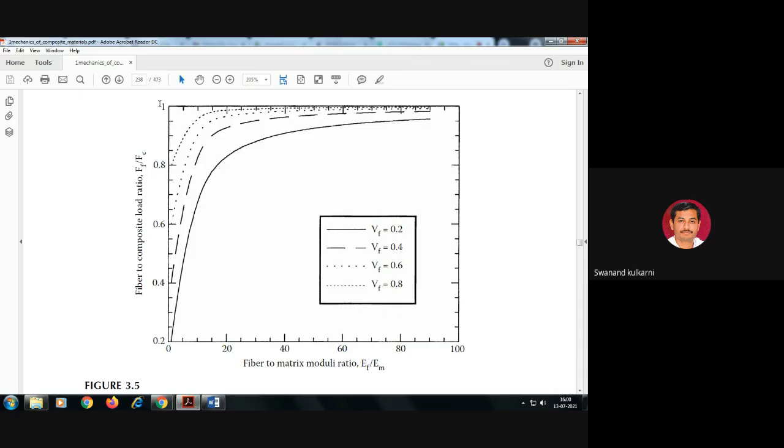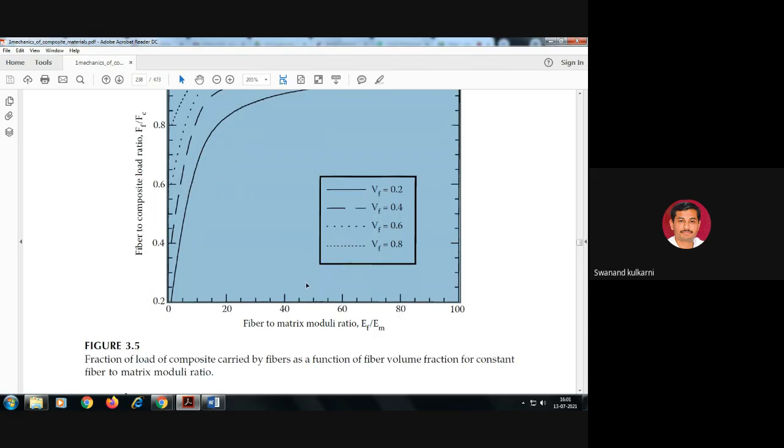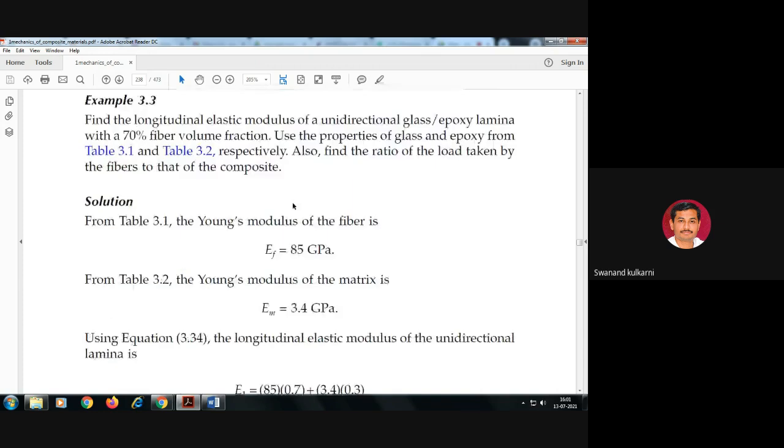Is it okay? So here we can consider with this 0.2 to 1 fiber to composite load FF to FC, how this is going to change here, and with reference to that, how this fiber to matrix modulus ratio EF to EM is changing here. Is it okay?